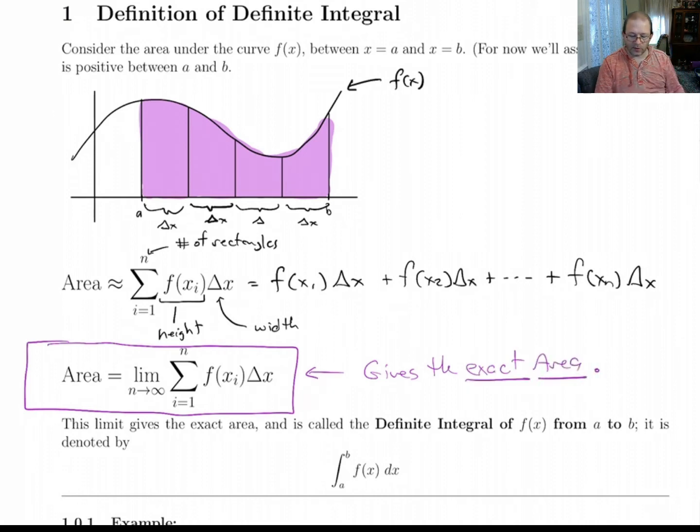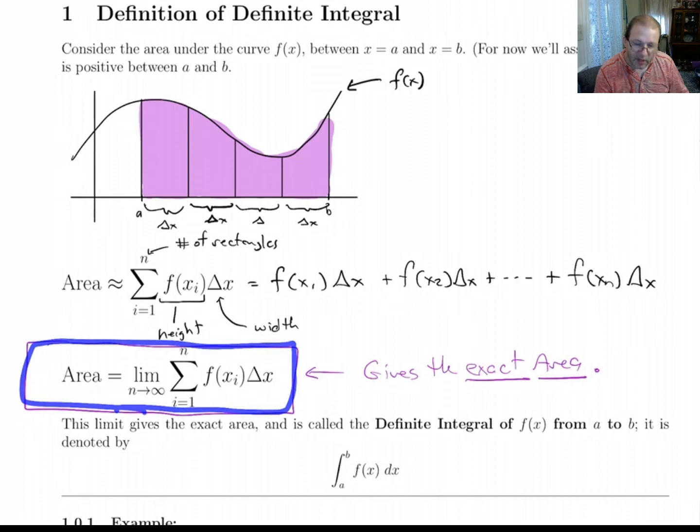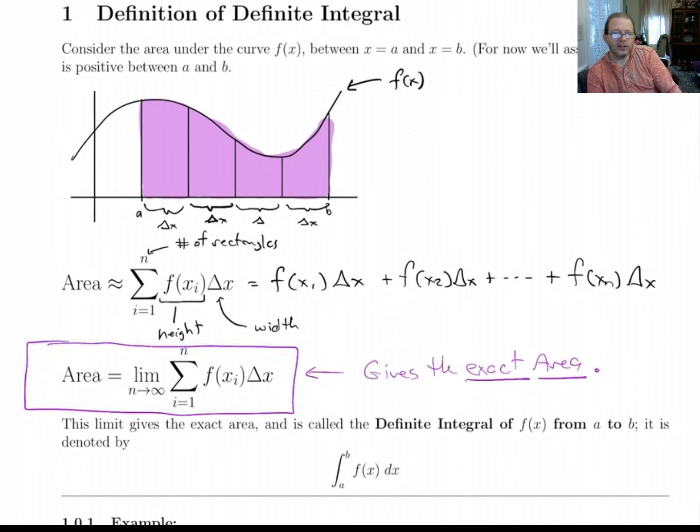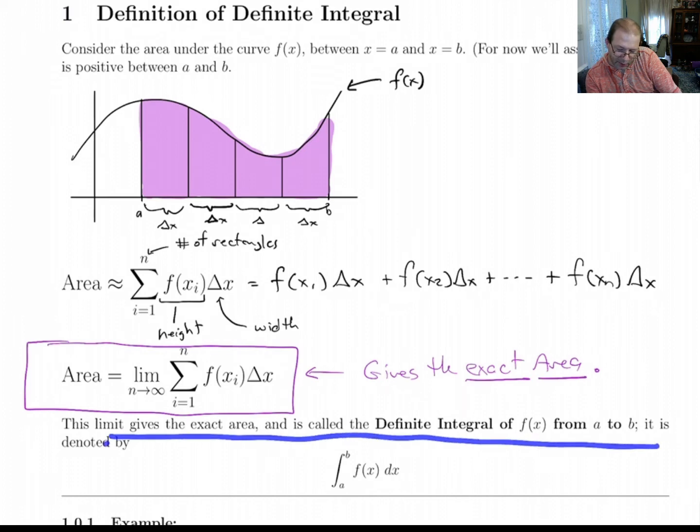Now, you can use this limit. It's possible to take this limit and for a given function, use that to work out exactly what the area is. But it turns out that's rather involved. So we're not going to do that. But I do want you to know this is the exact area, and the limit gives the exact area, and this is the definite integral.